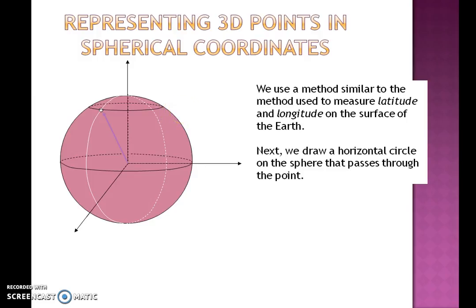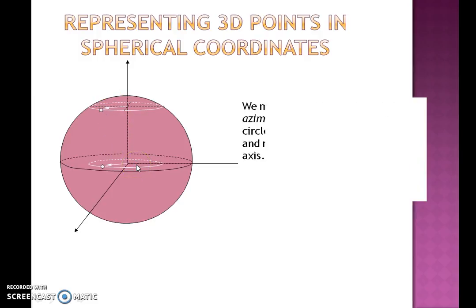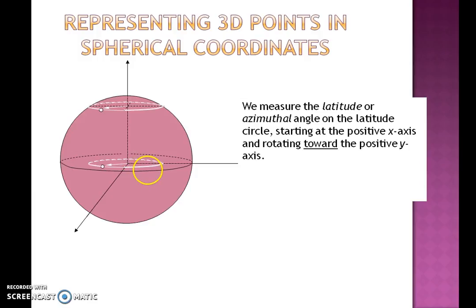Next, we draw a horizontal circle on the sphere that passes through this point, and drop it down onto the xy plane. Thus, you get the longitude or azimuth angle on the latitude circle, starting at the positive x-axis and rotating towards the positive y-axis.